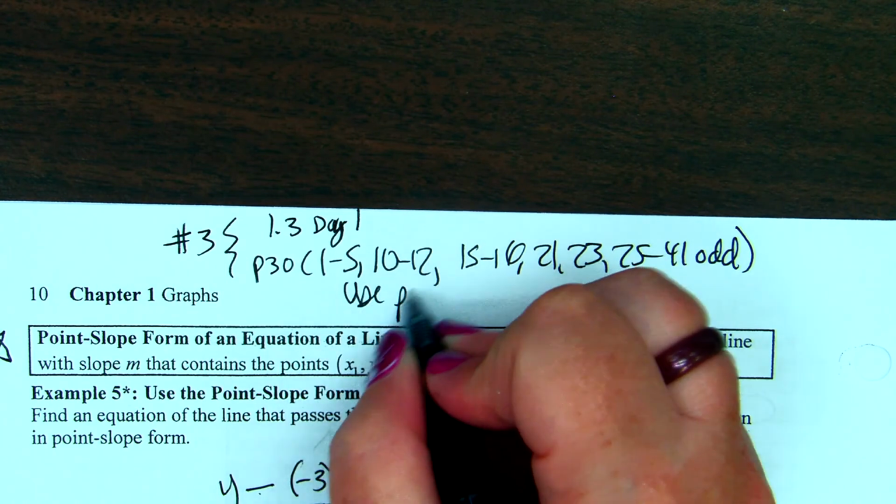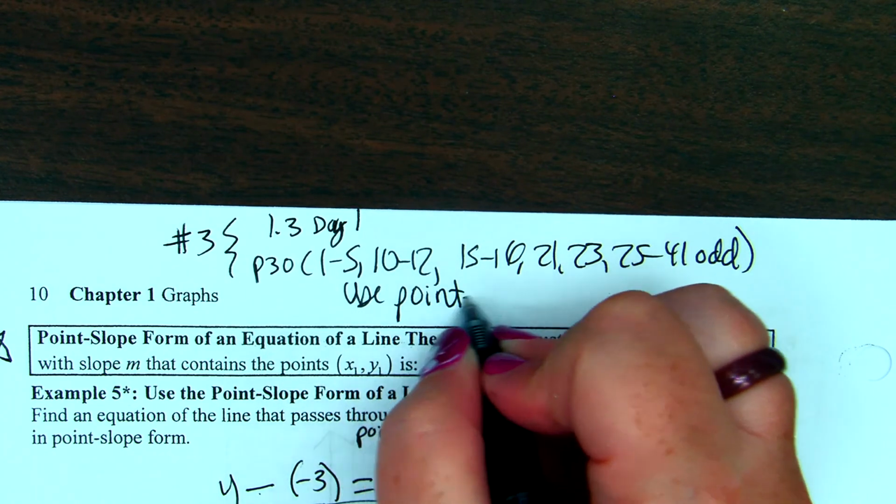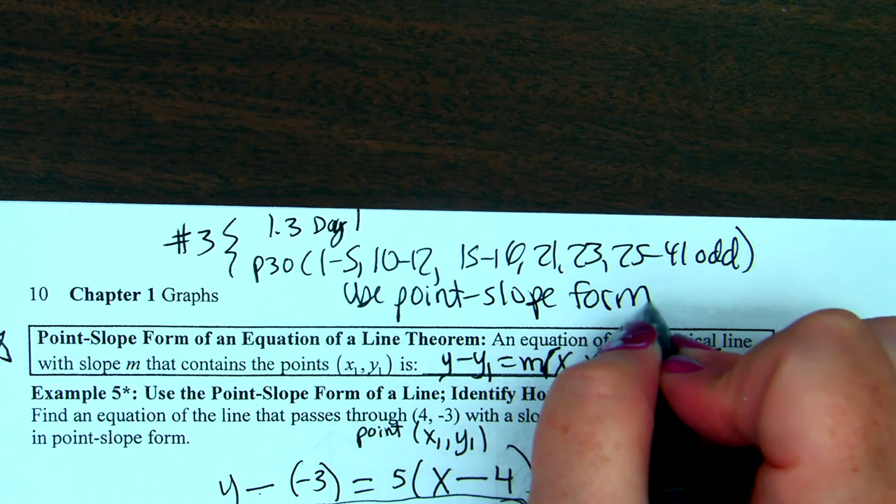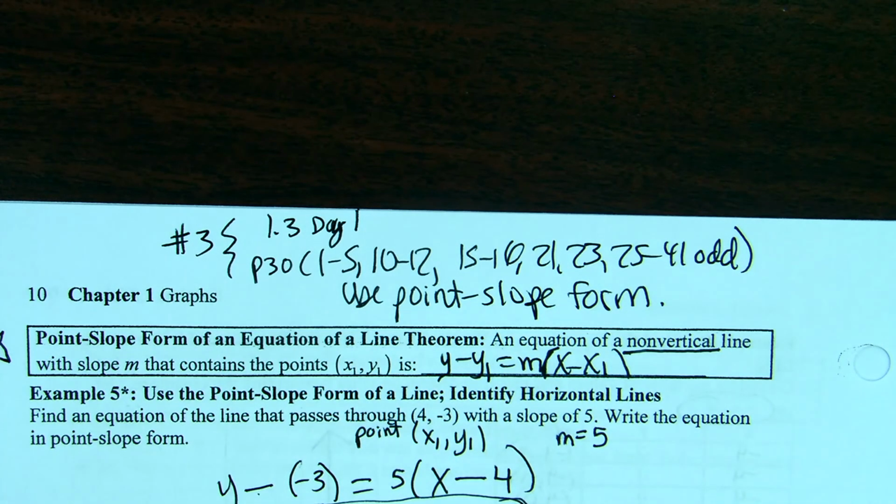Use point slope form. Since that's the only one we learned so far, use point slope form. This is due on Friday because I'll see you on Friday, and there may be another assignment tomorrow, so keep checking on Canvas. Okay? Have a great day.